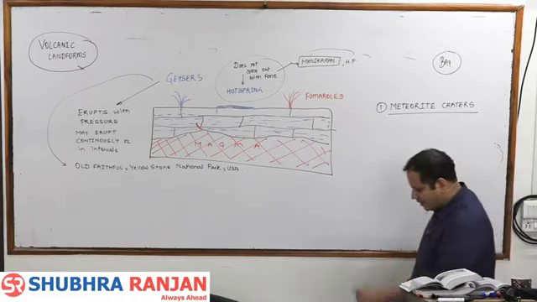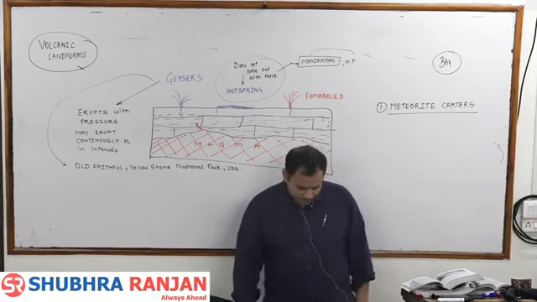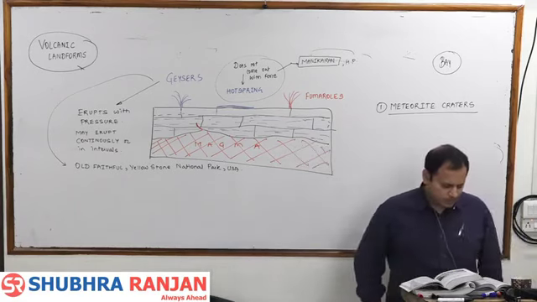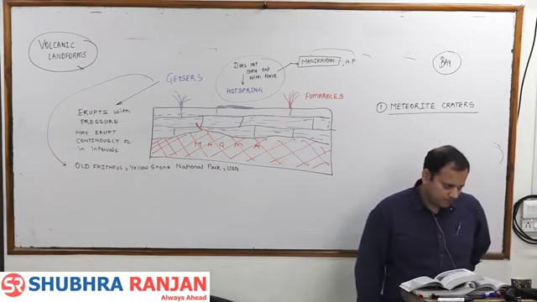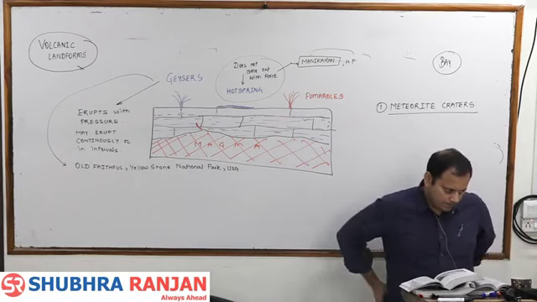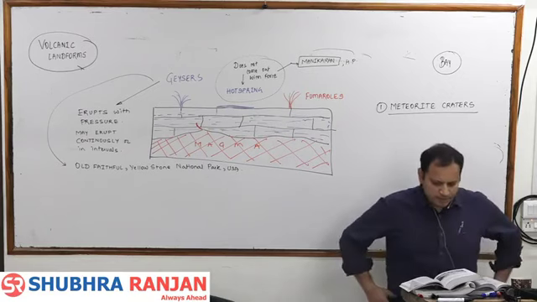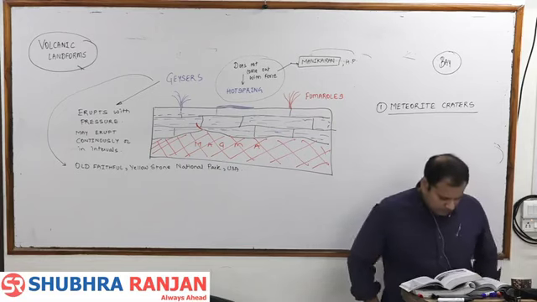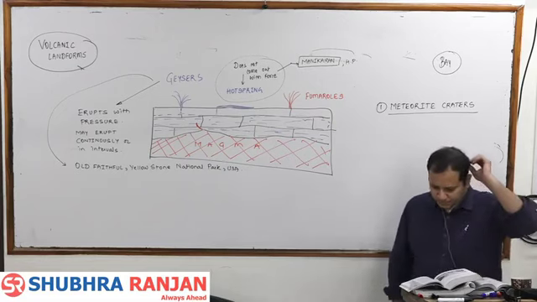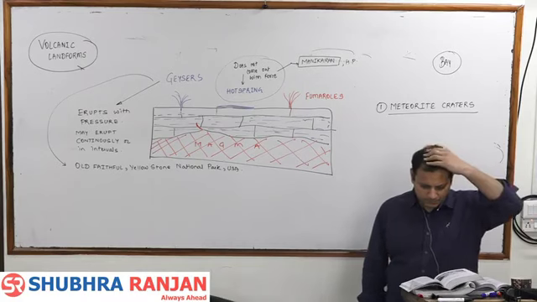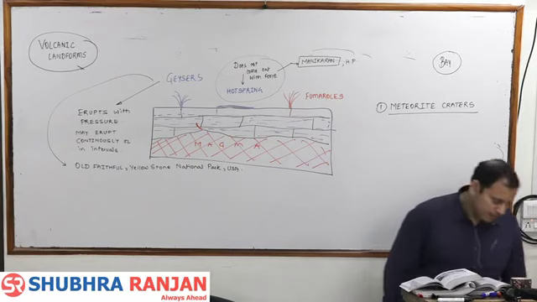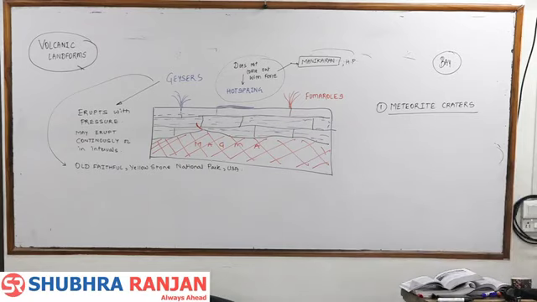Normally the craters are associated with endogenetic volcanic landforms, but volcanic craters are always on the top of what?